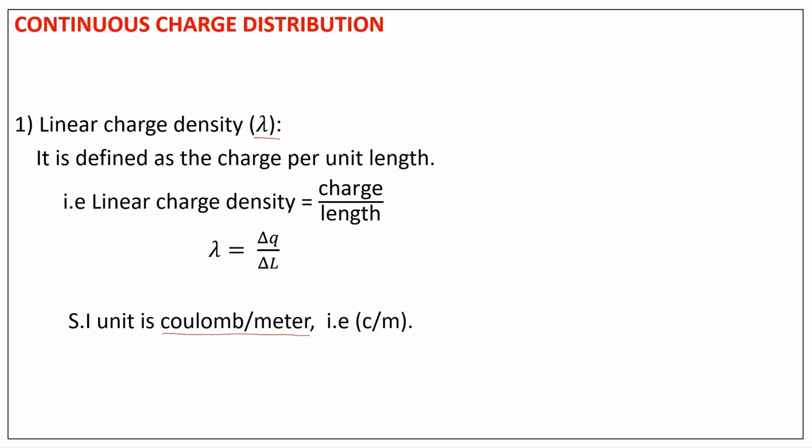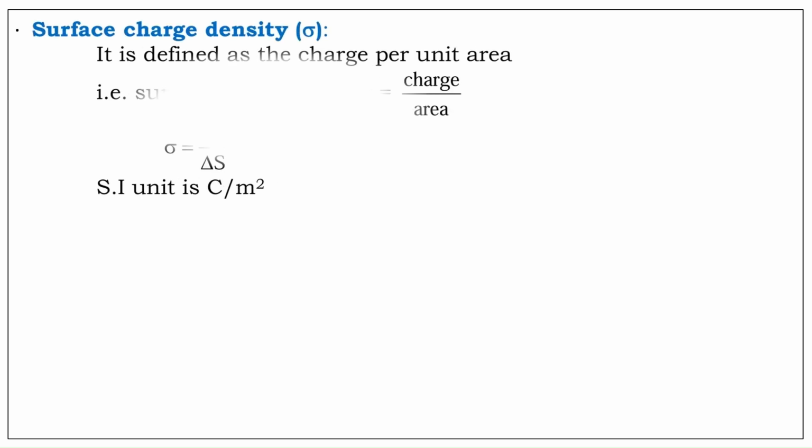2. Surface charge density, denoted by sigma. It is defined as the charge per unit area. Surface charge density is equal to charge by area. That is, sigma is equal to delta Q by delta S. SI unit is Coulomb per square meter. 3.